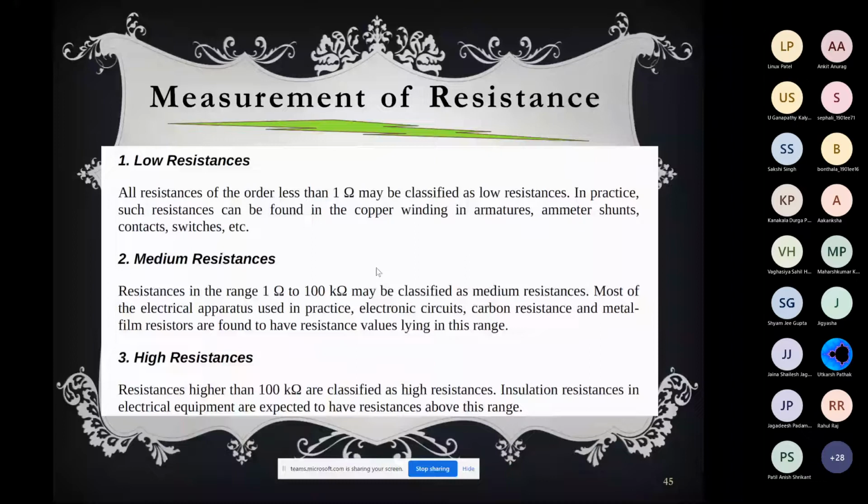Now the medium resistance is very easy to measure. We classify medium resistance as between 1 ohm to 100 kilo ohm.